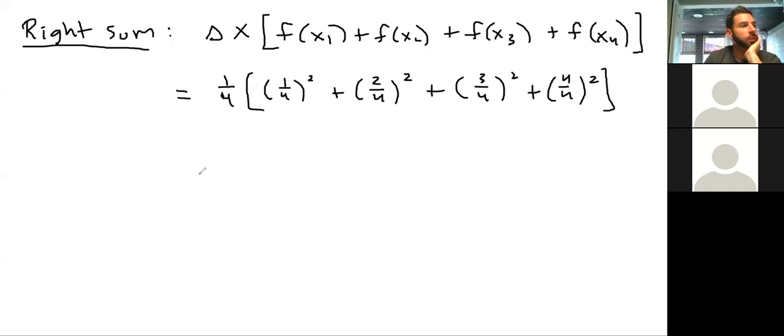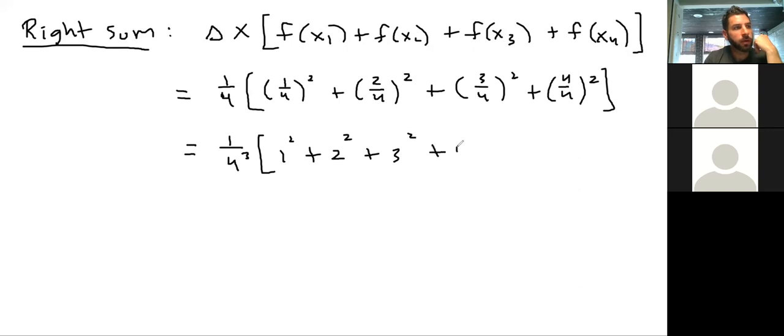But that's just 1. But if I write it like this, once again, I can take advantage of this pattern. I can pull out the 4 squared and I get 4 cubed, and then it's 1 squared plus 2 squared plus 3 squared plus 4 squared.